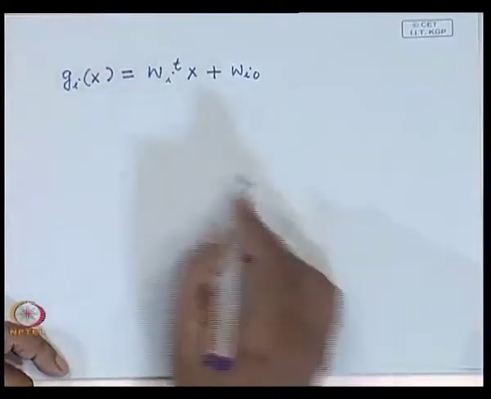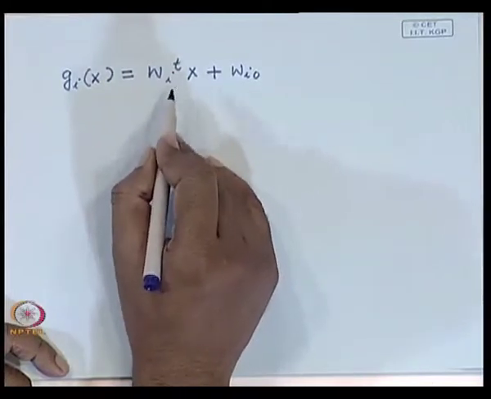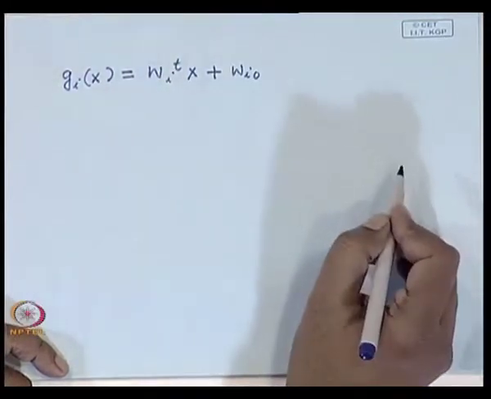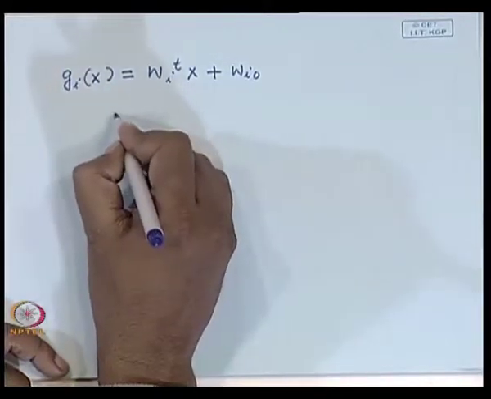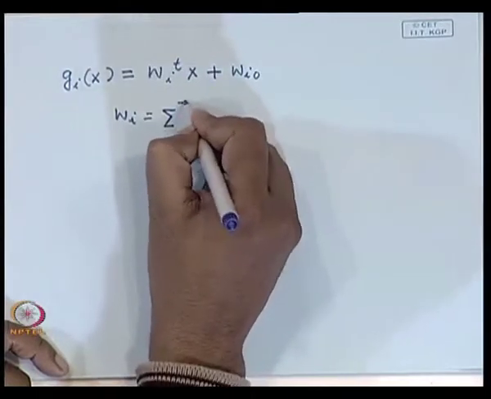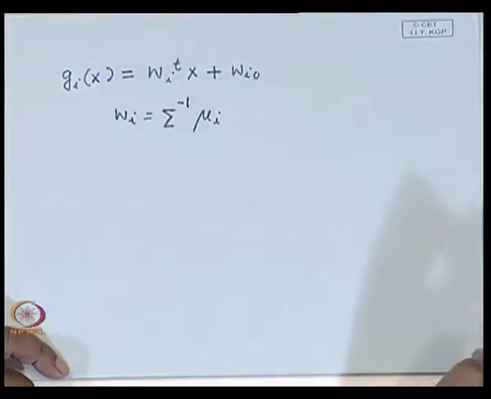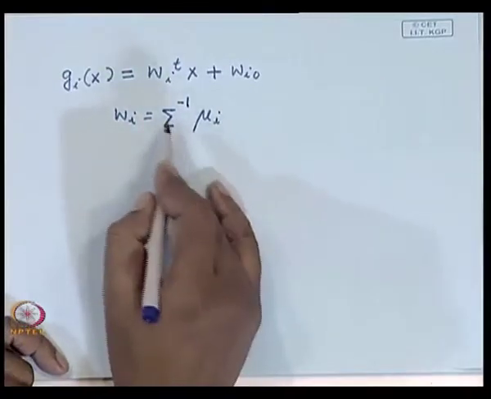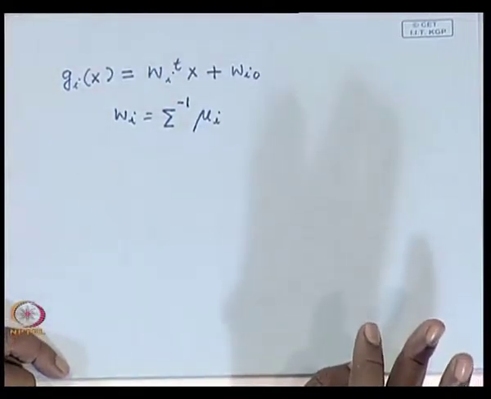In the earlier case, this w_i had a very simple form, that is 1/σ² times μ_i. Now, this w_i will be of the form Σ^{-1} μ_i. Earlier this Σ^{-1} was replaced by 1/σ² in the first case.